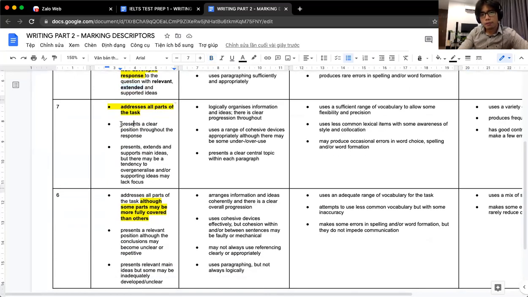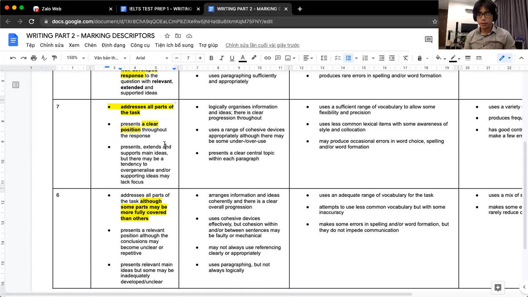So for 7, you need to have a clear position. Same thing. A clear position means in the introduction, you say your opinion very clearly, and they are consistent. They're consistent with the body and with the conclusion. Sometimes you say I agree in the introduction, but in the body you don't actually agree.